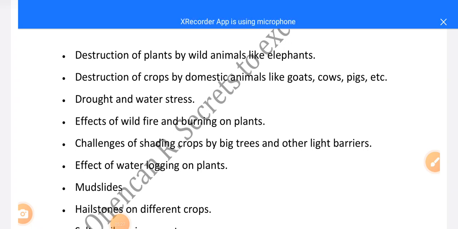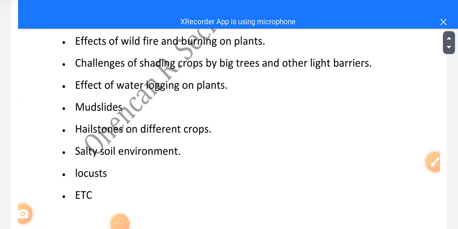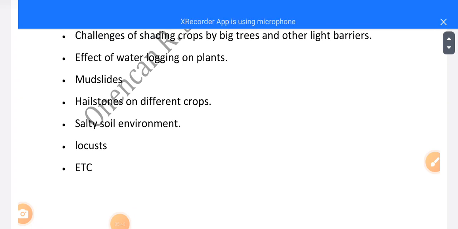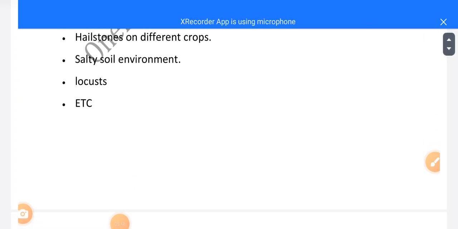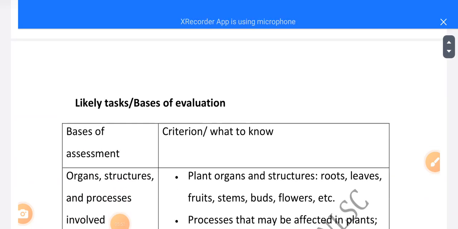There's also drought and water stress, effects of wildfire and burning on plants, challenges of shading crops by big trees and other light barriers, effects of water on plants, the mudslides, the hailstones on different crops, salty soil environment, then locusts. Those are some of the challenges where these guys can assess.